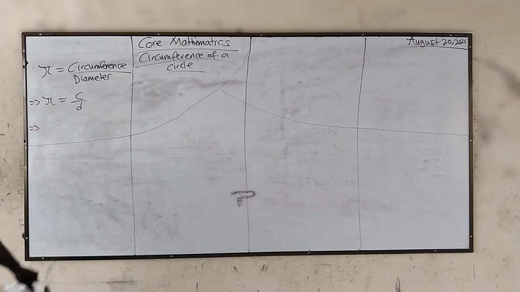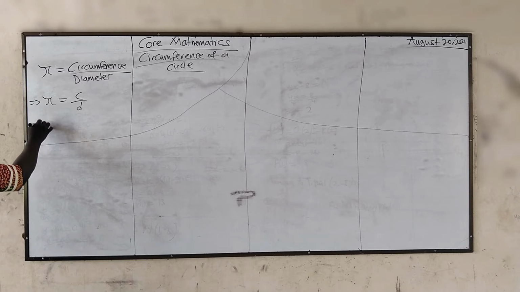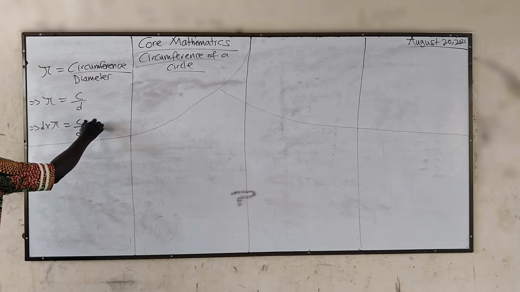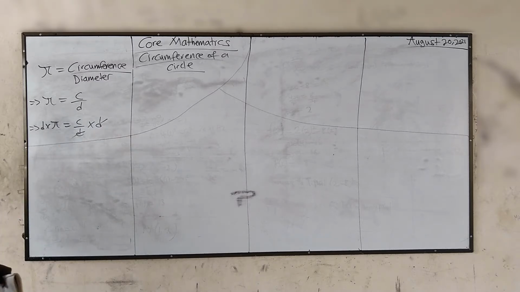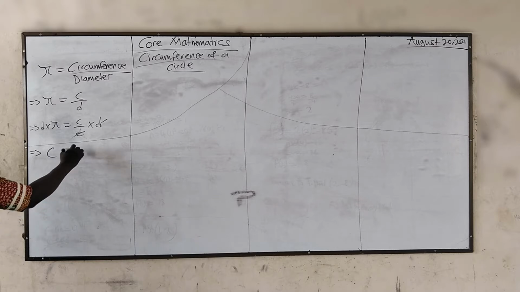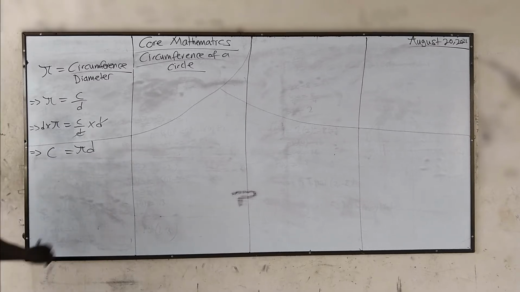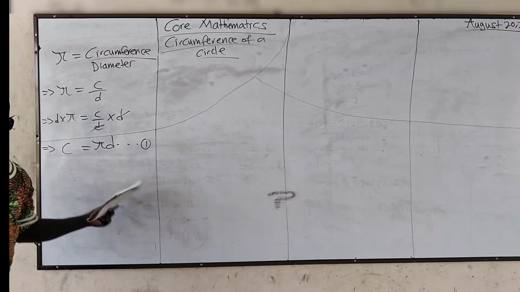From this we can find the circumference, not so? So you multiply both sides by d. This cancels that, and we can deduce that C, our circumference, is equal to pi d. Let's call this equation 1. So this is one of the equations you can easily use.